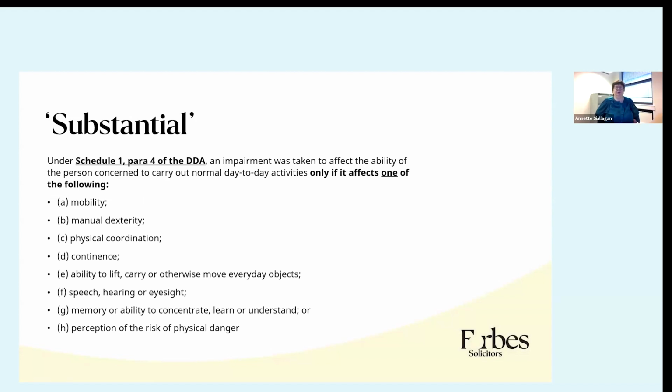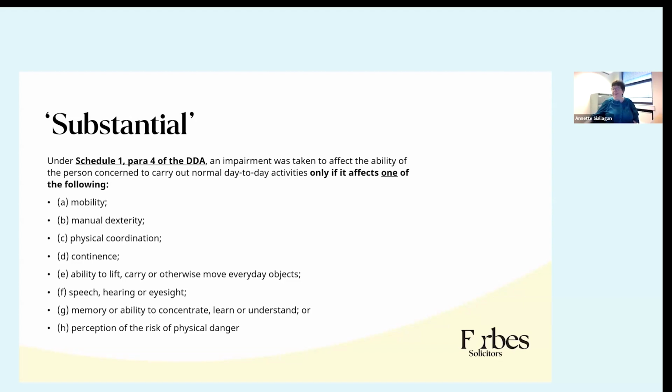Just looking at Schedule 1 of the DDA again, an impairment was taken to affect the ability of the person concerned to carry out normal day-to-day activities only if it affects one of the following. So it doesn't have to affect all of them, it can just be one of those.